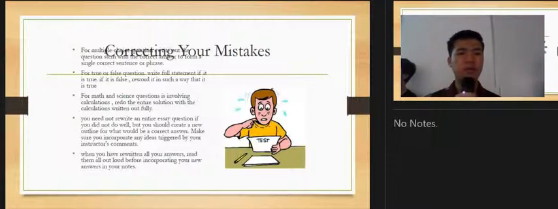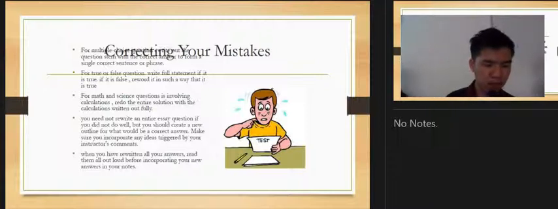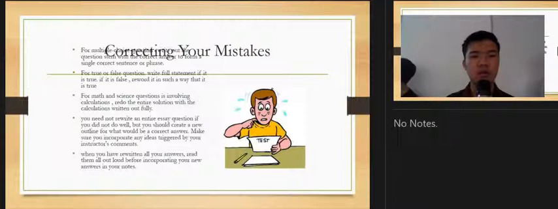For multiple choice, work out the question stem with the correct answer to form a single correct sentence or phrase. For true or false questions, work out the statement: if it's true, fine, and if it's false, reword it in such a way that it's true.